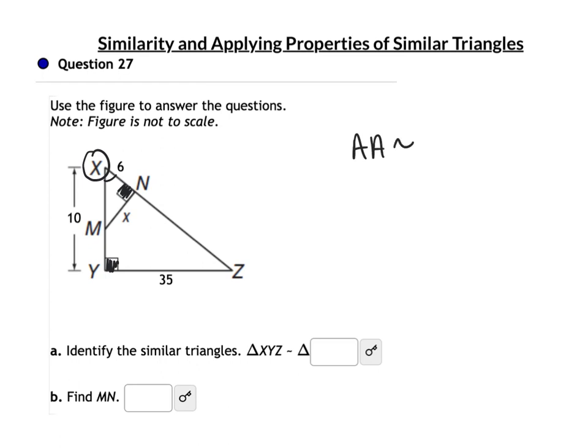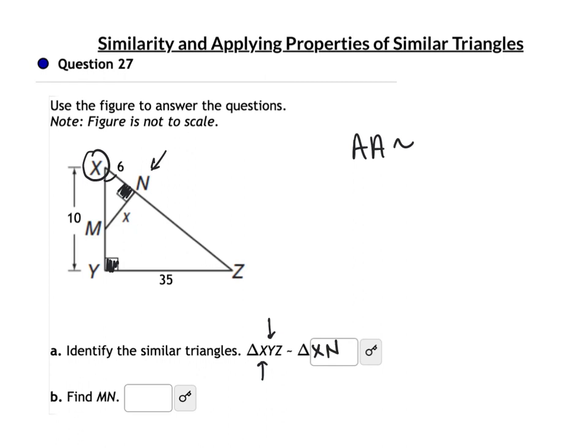Since X is in both triangles, it has to correspond with itself. X is first here, X will have to be first there. And I know the 90 corresponds with itself, so I know that Y, the 90, corresponds with N, which is where the 90 is.